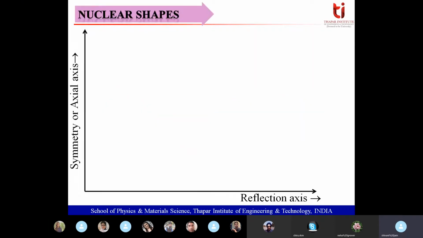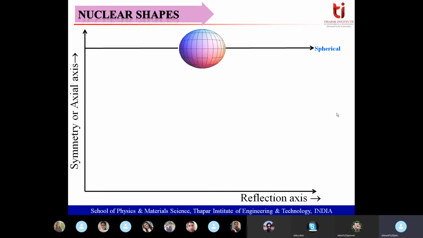So let's start with the nuclear shapes, and the shapes will be discussed in reference to these vertical and horizontal axes. The horizontal one represents the reflection and the vertical one represents the symmetry or axial axis of the shapes. I start with the spherical shape.